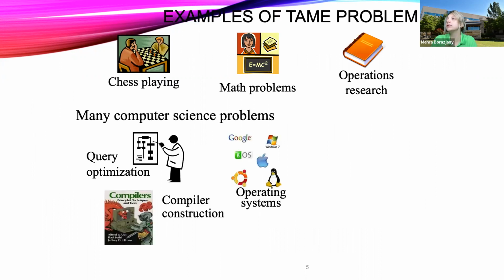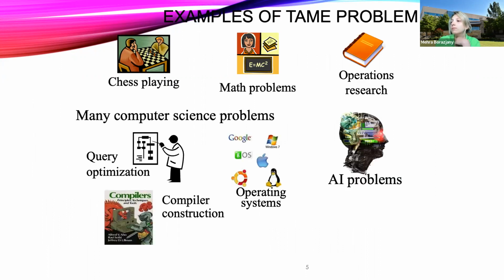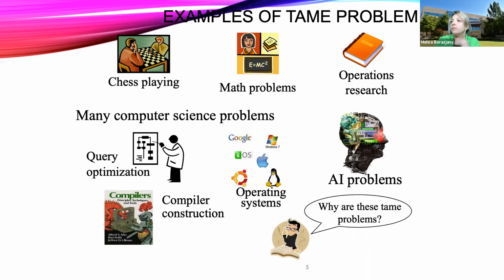Here we see some examples of problems that are mainly going to be computer science problems, right? Anything that's very mathematical, more like operations, needs optimization, and we're looking for a very optimal solution.